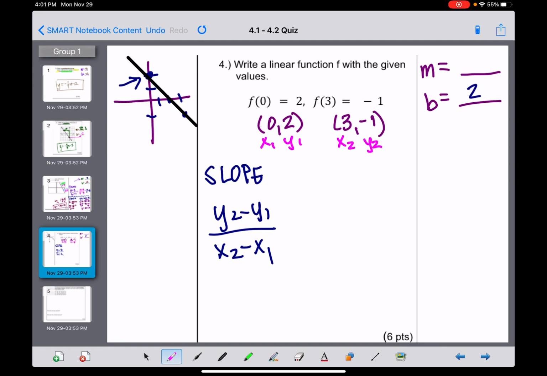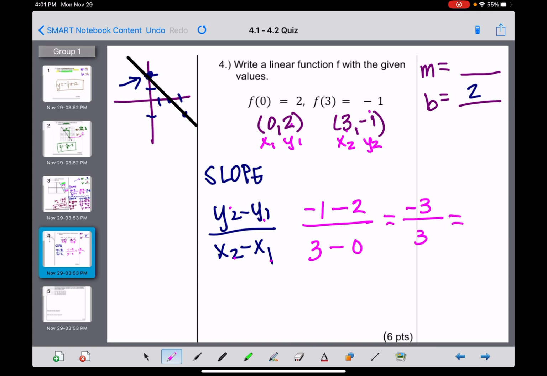So my y2 value is negative 1 minus my y1 value of 2, over x2 value of 3 minus x1 value of 0. When I simplify, negative 1 minus 2 is negative 3 in my numerator. 3 minus 0 in my denominator is 3.